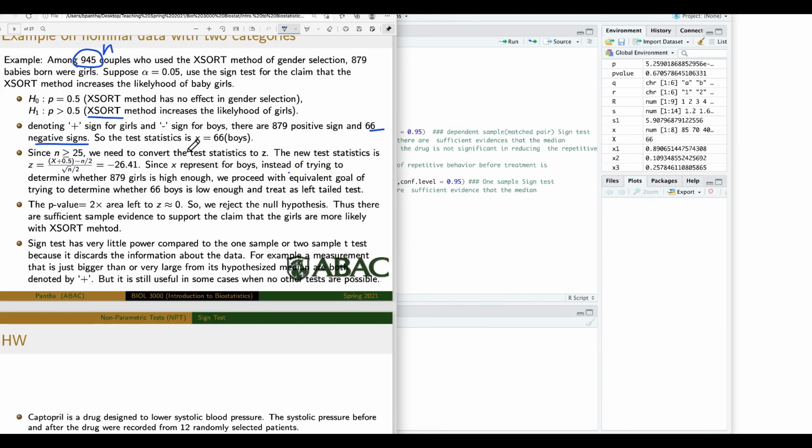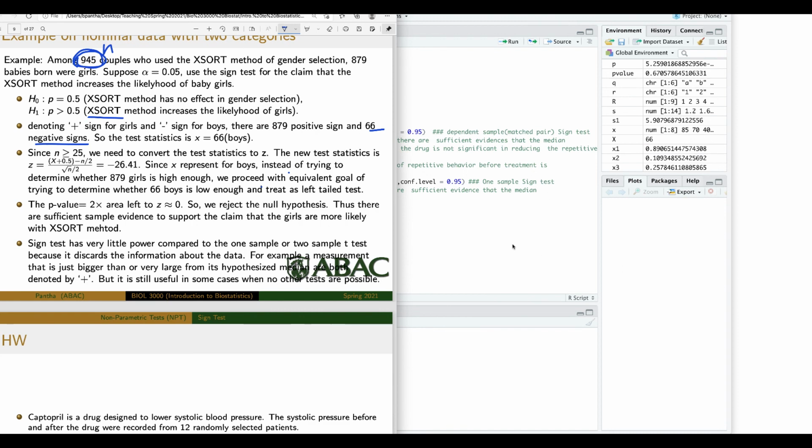Here the value of n is the total sample size, okay? So this is not like a pair, so that you count the pair. No, there is no pair thing here. So n is the total sample size, which is 945. So x plus 0.5 minus 945/2 divided by the square root of 945/2. If you do that, you get negative 26.41.